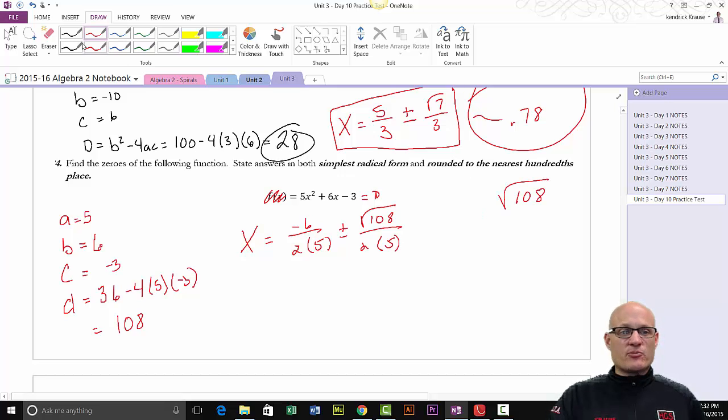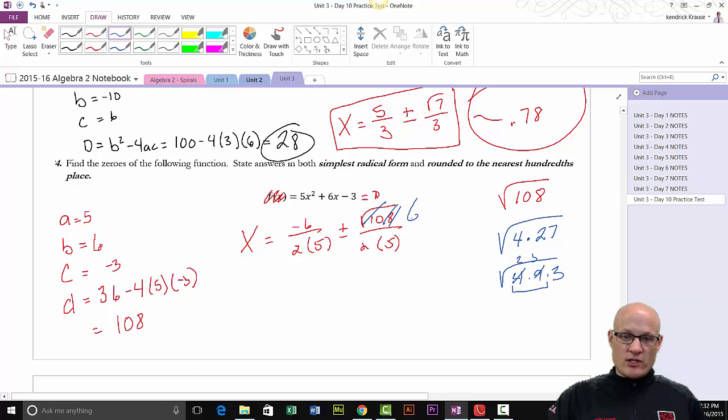Now, if you don't notice the biggest perfect square that goes into it right away, but you do notice that 4 goes into it, you say, okay, 4 goes into it 27 times. Oh, wait a second. 27 has a perfect square. It's got a 9 that goes into that, so I can do this. Now, the biggest perfect square, obviously, is 36. That's 2, and that's 3. So it's 6 square roots of 3.